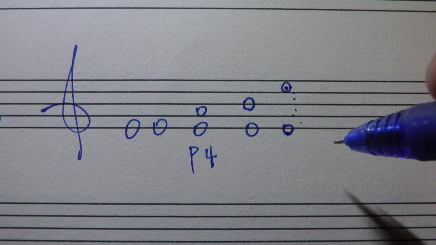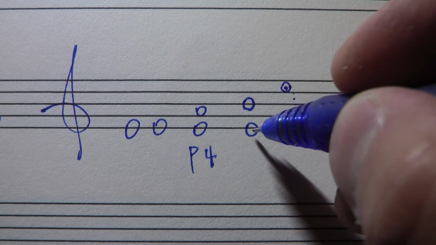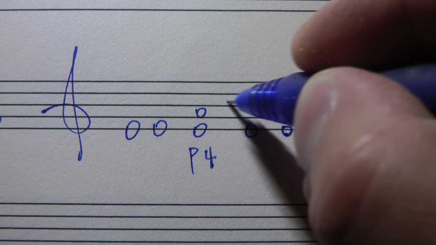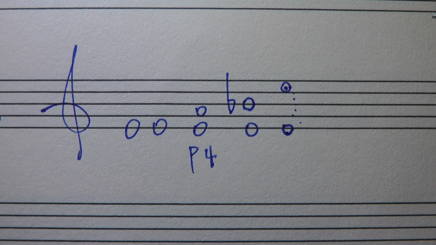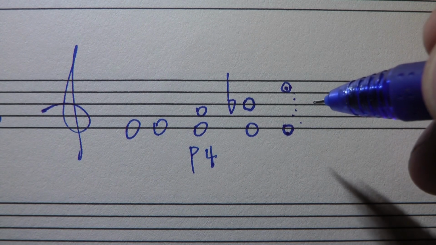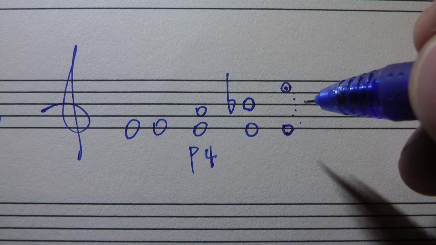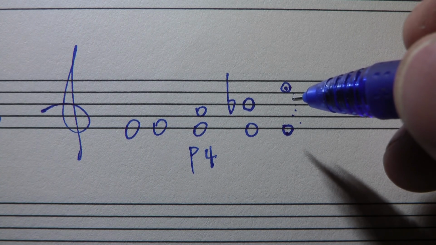Okay? Now, if I change any of these notes, if I say E to B flat, that interval is a fifth, but it's no longer a perfect fifth. Now the interval is compressed by a half step, and if you compress a perfect interval, it becomes diminished.